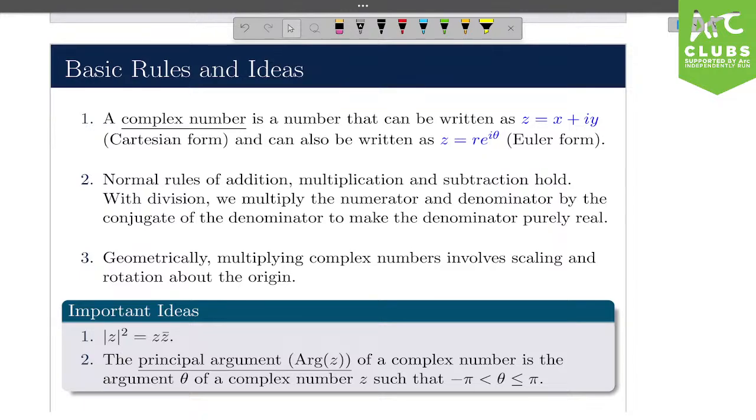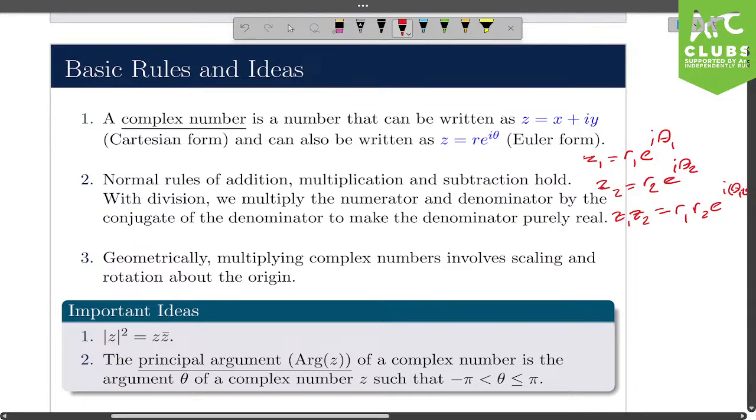If we look at this Euler form, if we have z1 equal to r1 e to the i theta 1, and z2 equal to r2 e to the i theta 2, then their product z1 z2 is just equal to r1 times r2 times e to the i (theta 1 plus theta 2).